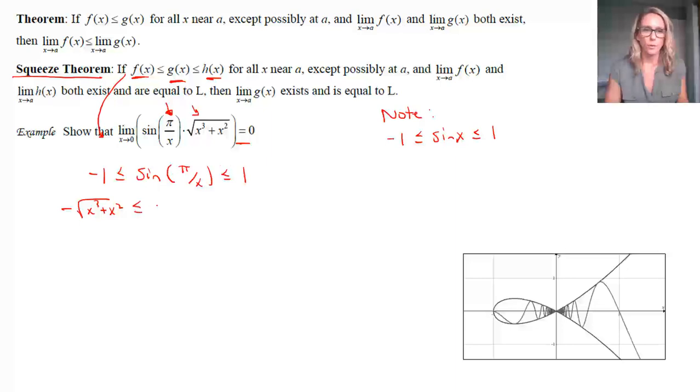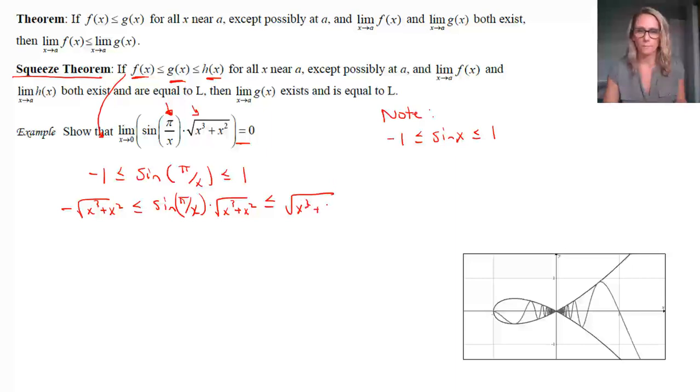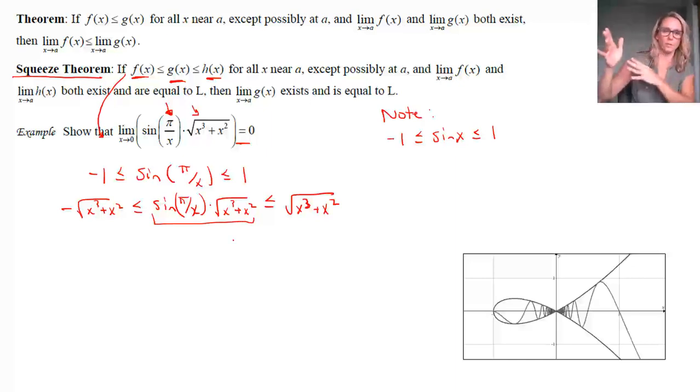If I multiply through, I have the sine of pi over x times the square root of x cubed plus x squared. Those three pieces are all getting the multiplication by this other piece. So what this tells us is that the whole thing we're looking at the limit for is greater than or equal to the negative square root of x cubed plus x squared, and also less than or equal to the positive version of that.